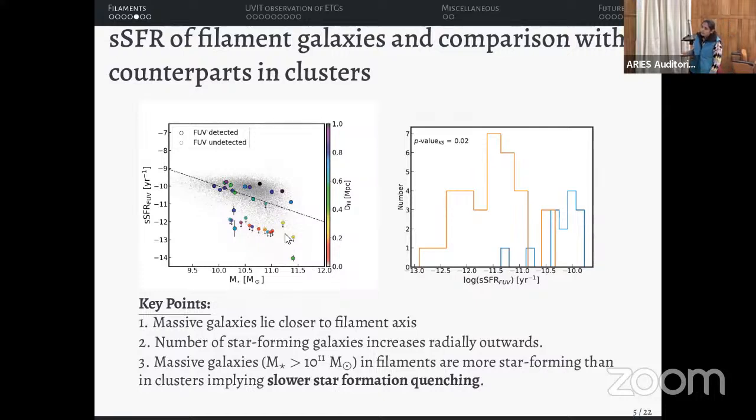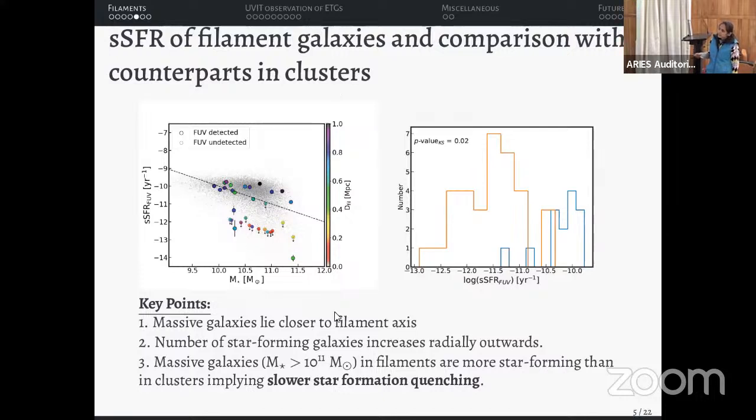As expected, the higher you go on this scale, the more rapidly star forming the galaxies are.